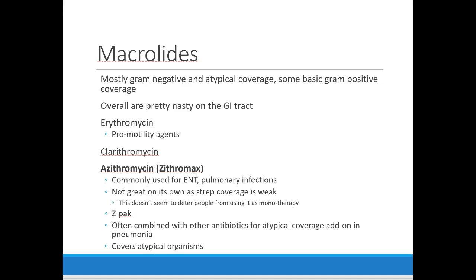And I can't tell you how many people I've seen come into the ER with a bad pneumonia, prescribed azithromycin monotherapy as outpatients, and sure enough, it didn't work. Don't do it. Combine it with a cephalosporin. That's a good strategy to add your coverage so that you can cover both strep pneumo and atypical pathogens, or use another drug that we're going to talk about in different classes in a second.